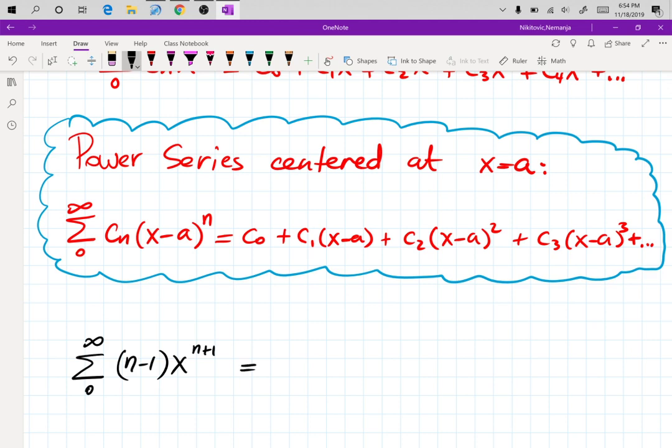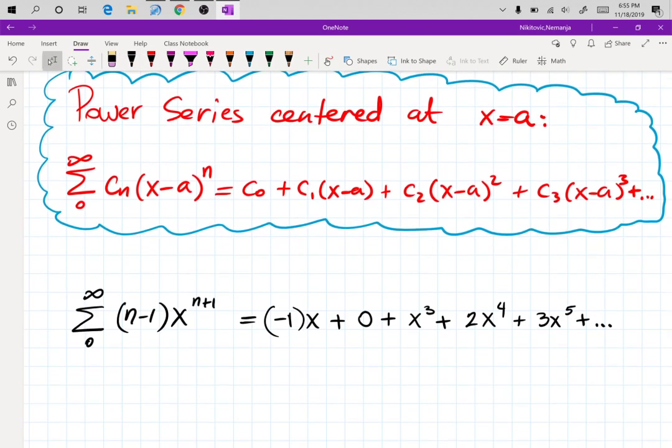And the way you will deal with this is when you plug in 0, you will have 0 minus 1 is negative 1, times x plus 1 minus 1 is 0, so this term dies, plus 2 is going to be 1x to the 3, so x cubed, plus 3, that's going to be 2x to the 4, plus 3x to the 5, plus dot, dot, dot, going forever.